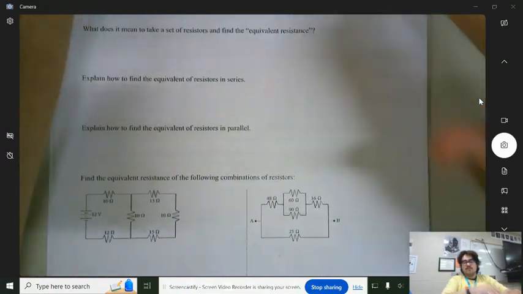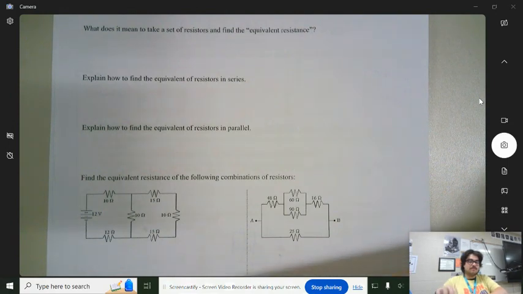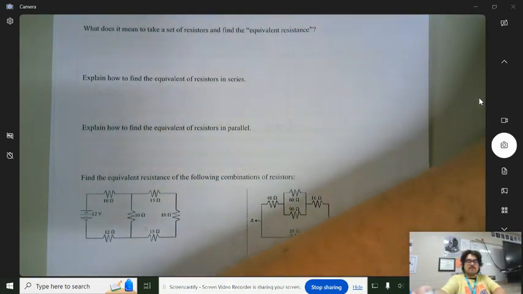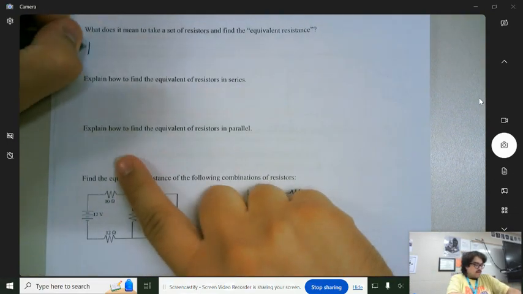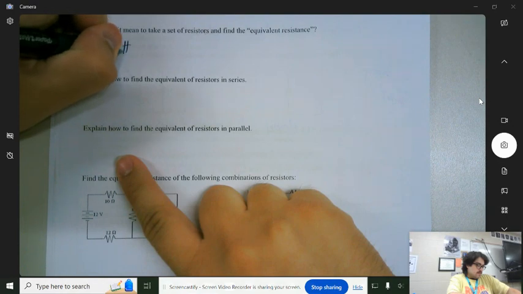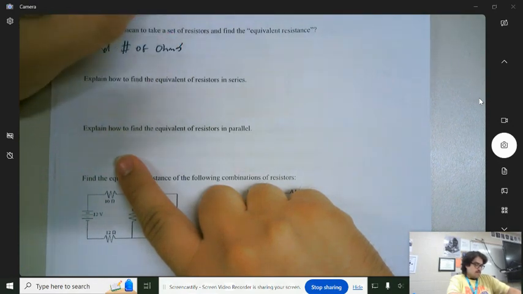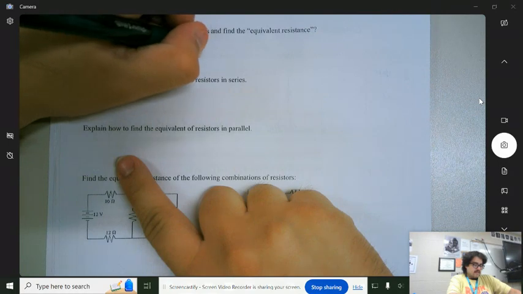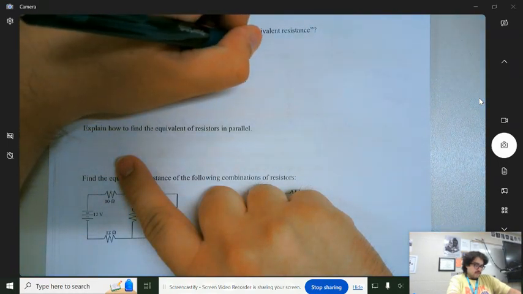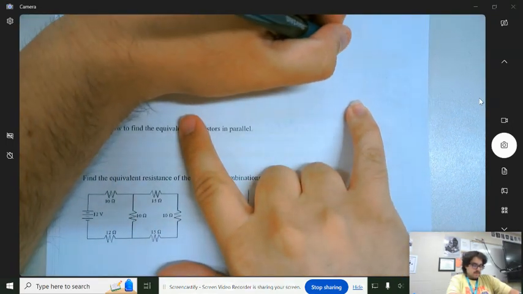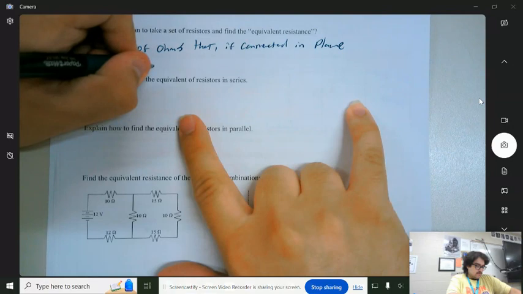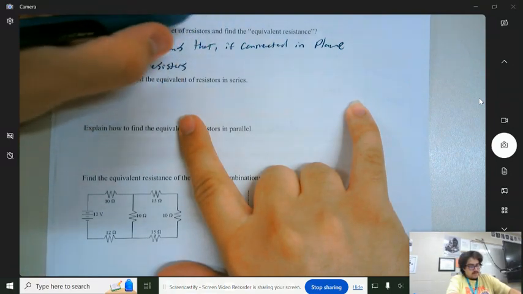Okay, if we're finding the equivalent resistance of something, then what we're doing is we're basically combining the resistors, and we're trying to figure out how many ohms could we place in lieu of all the resistors that we've got. Find the number of ohms that, if connected in place of the resistors, acts the same way.